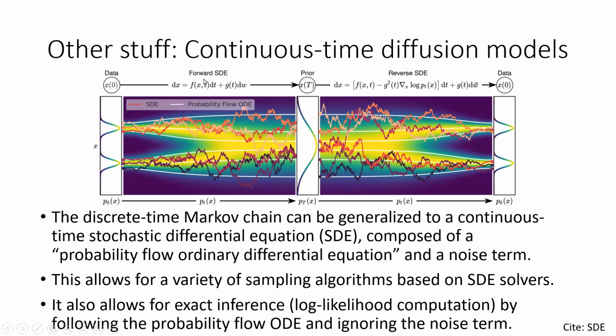We will call f of x t our probability flow ODE, and g of t dw will be our noise term.